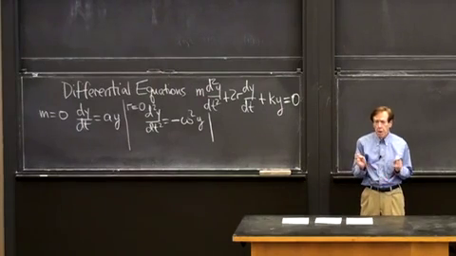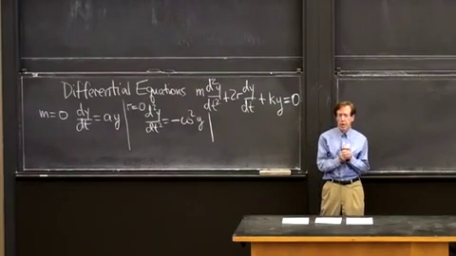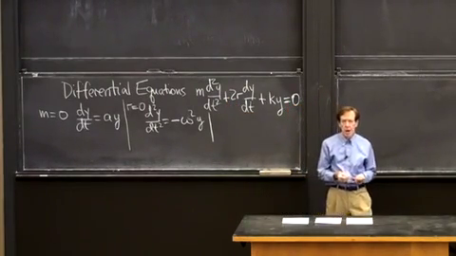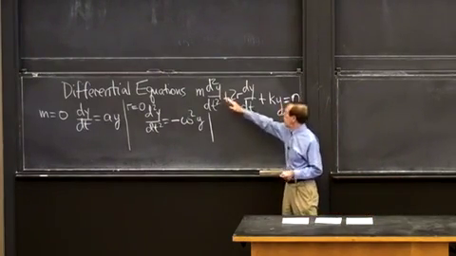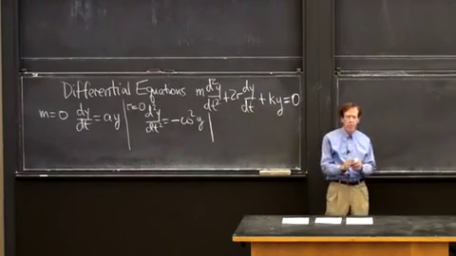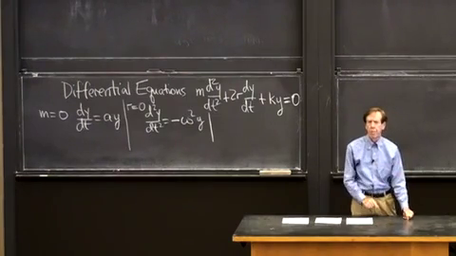And when I look at it, I see it's a second order equation because there's a second derivative. It's a linear equation because y, the second derivative, the first derivative, and y itself are separate, with no multiplying of y times y prime.